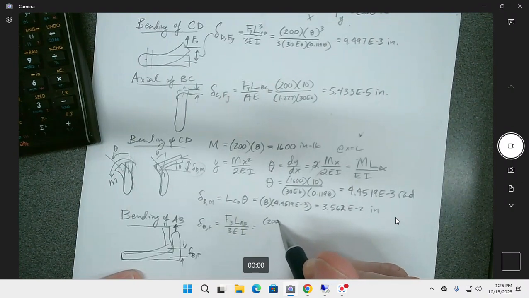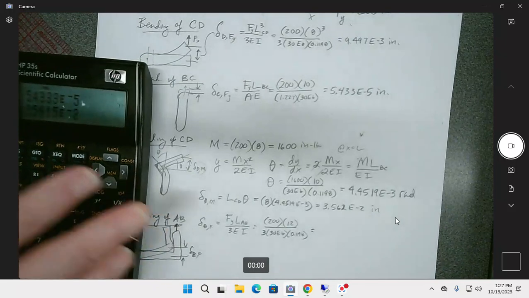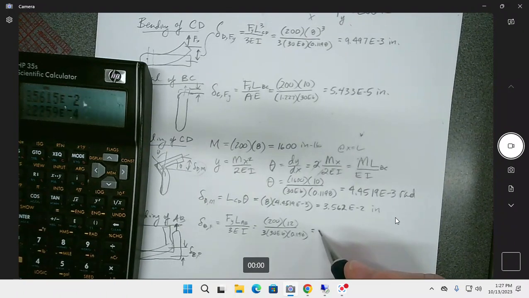So 200, LAB is 12, cubed, times 3, divided by 30E6, divided by 0.1198. Pretty good amount. 2.226E minus 4 inches.